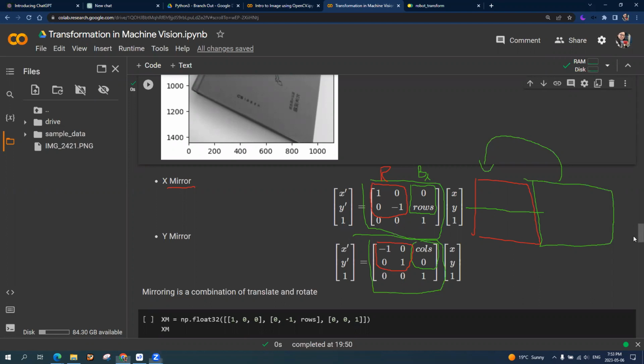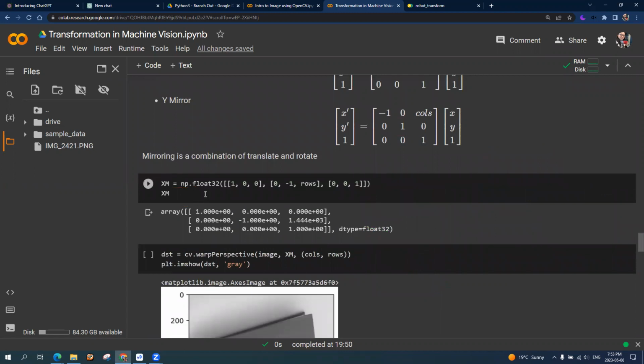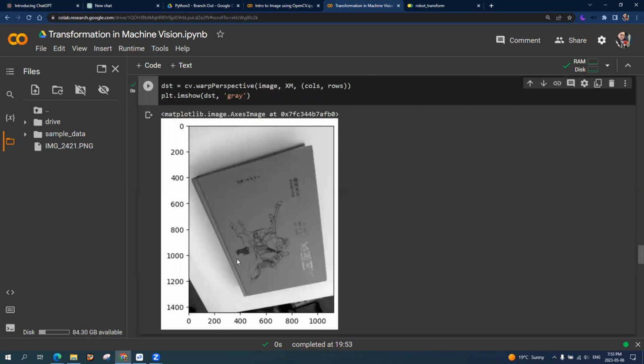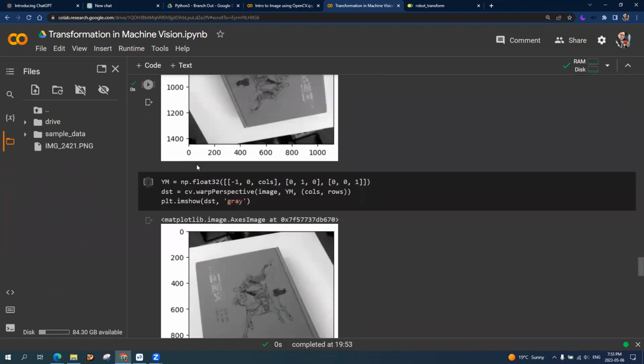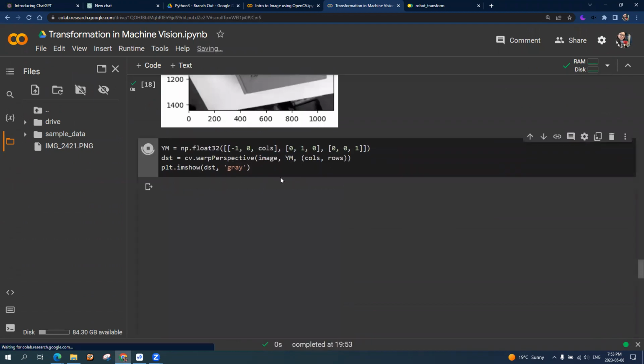Okay, so now let's try this. First, mirroring by X. And there, our image is upside down. So you guys can change this matrix. Oh, here's what I did for the Y-axis. I already did that.